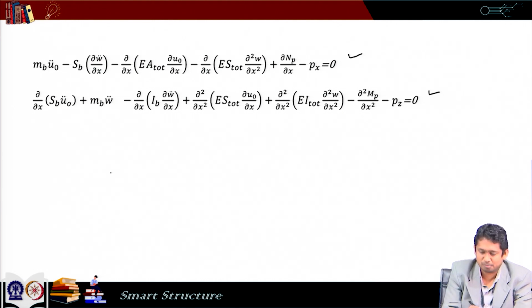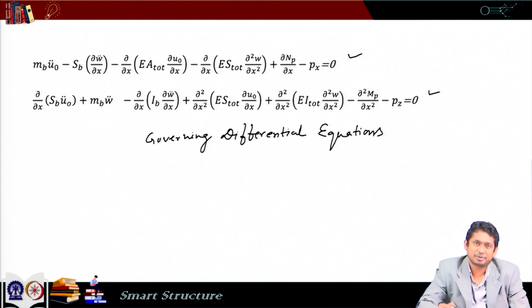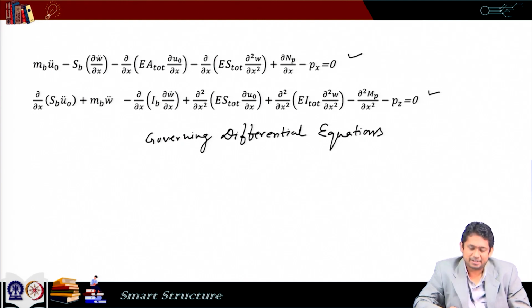So, these two are now my governing differential equations. These are the governing differential equations for an induced strain actuation problem for a beam for a dynamic case.